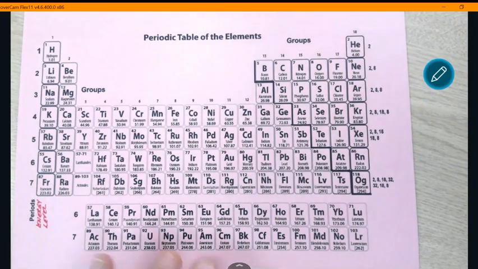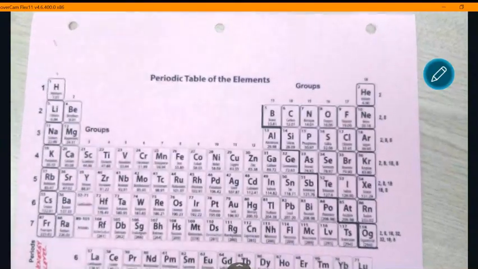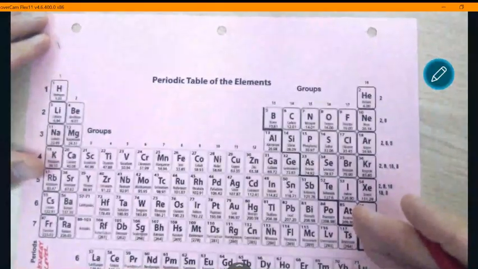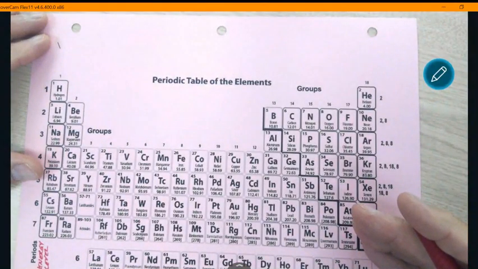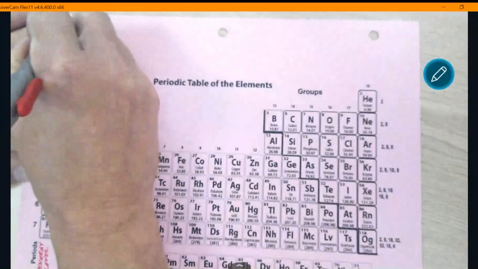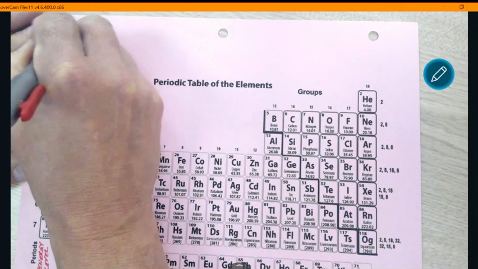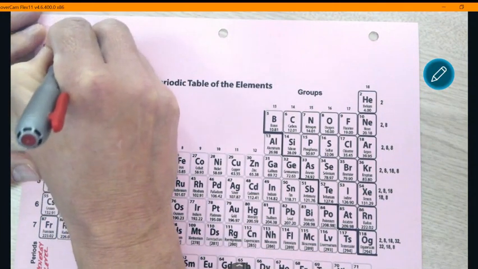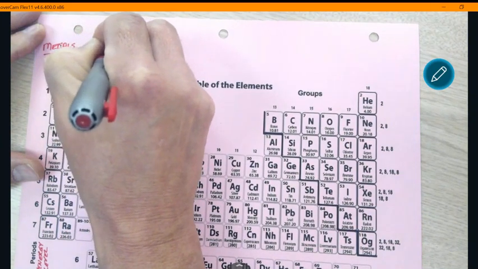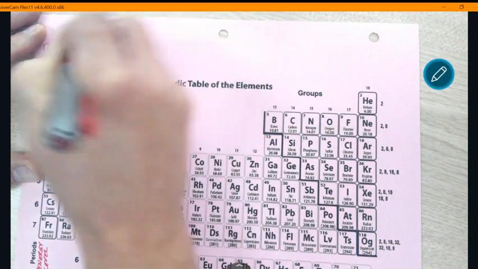Okay. Now, up at the top here, on the left-hand side, remember the bold zigzag line separates what from what? Metals from non-metals. So on this side of the periodic table are the metals. Okay. Metals have positive charge. Why?